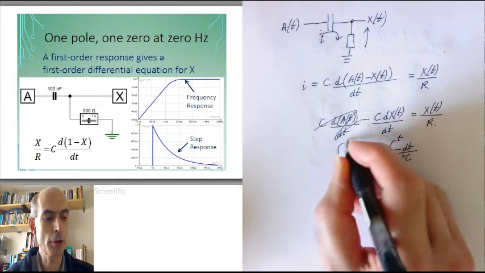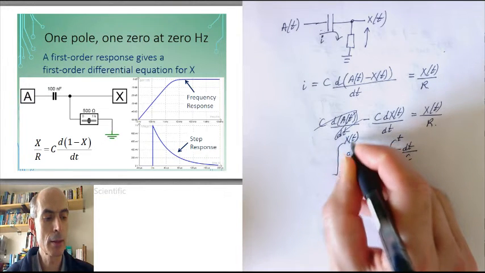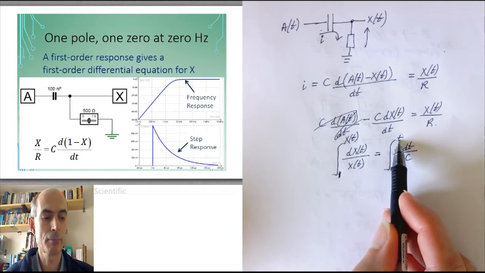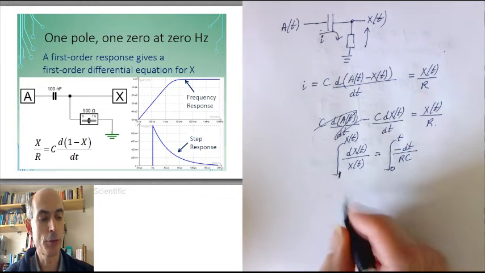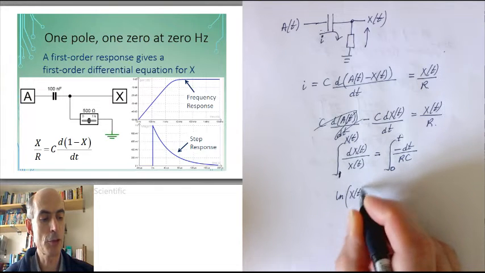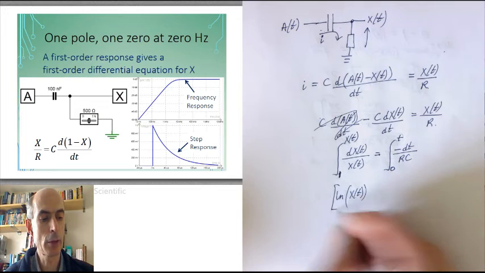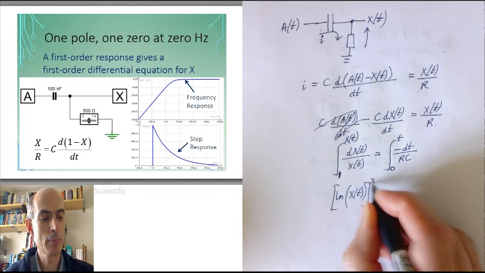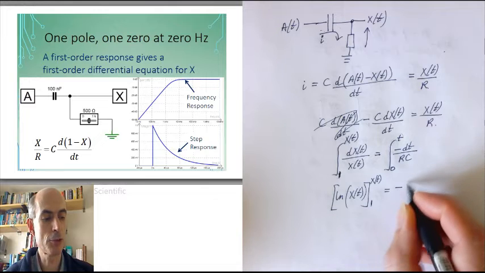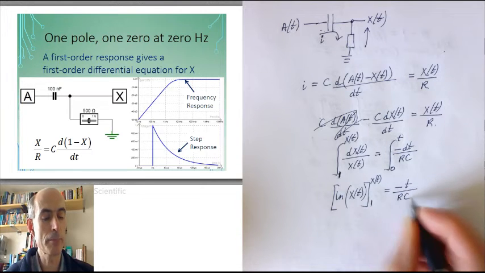And that goes up to the output value at this particular time t here. Then it's just a case of doing that integral, log of x of t, evaluated from x of t to 1, equals minus t over RC.